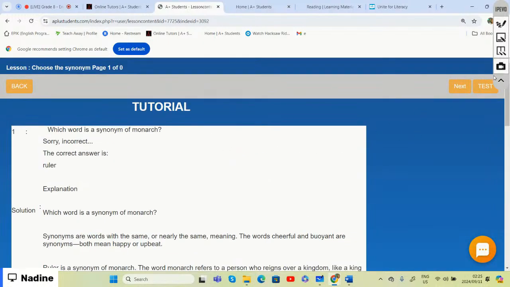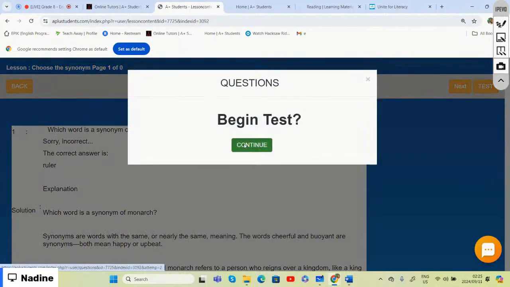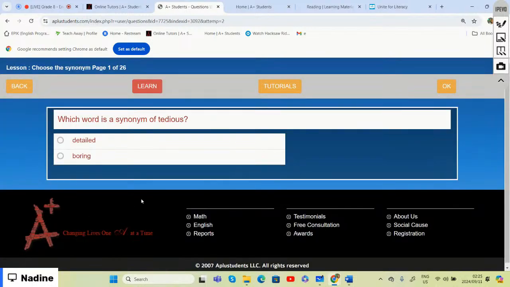All right, so now we're going to our test where we are going to choose the synonym. All right, so now it says which word is the synonym of tedious? Is it detailed or is it boring? Tedious.